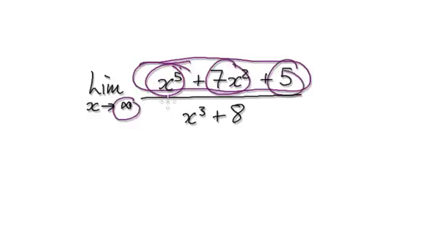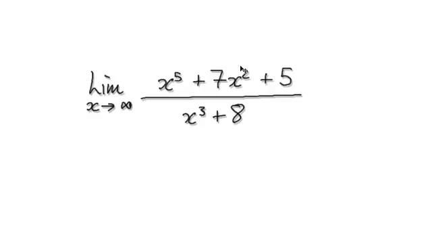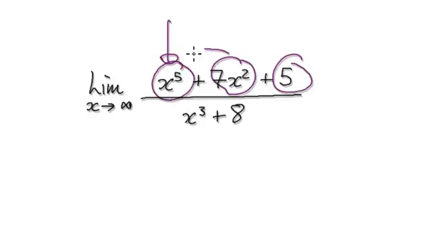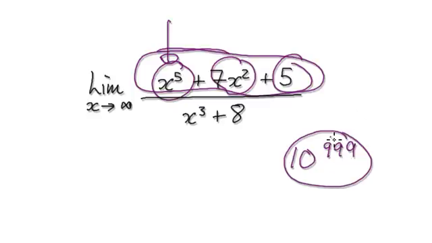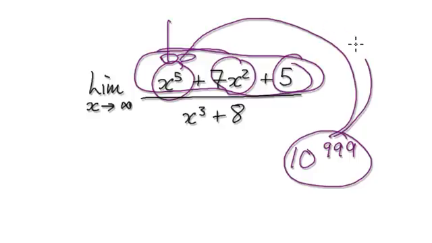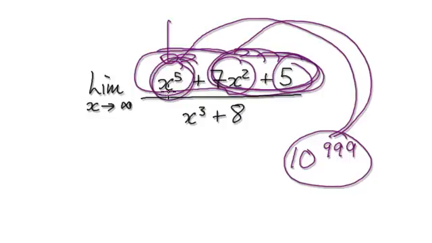As x tends towards infinity, these two terms are negligible in comparison to this term here. Think about a very, very big number. If you put it in here, these two terms are going to be negligible in comparison to x to the power 5.